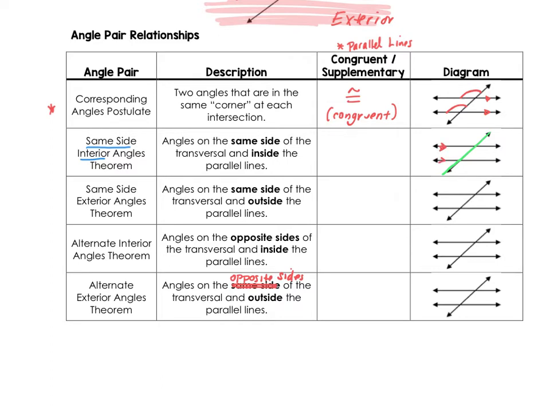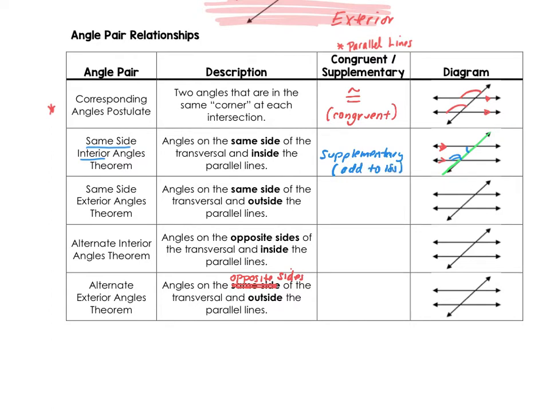So same side interior angles would be this little angle right here and this larger angle right there. They are not congruent to each other, so notice I use different markings to mark those angles. Now, when same side interior angles are formed by parallel lines, these angles are supplementary, meaning they add to 180.